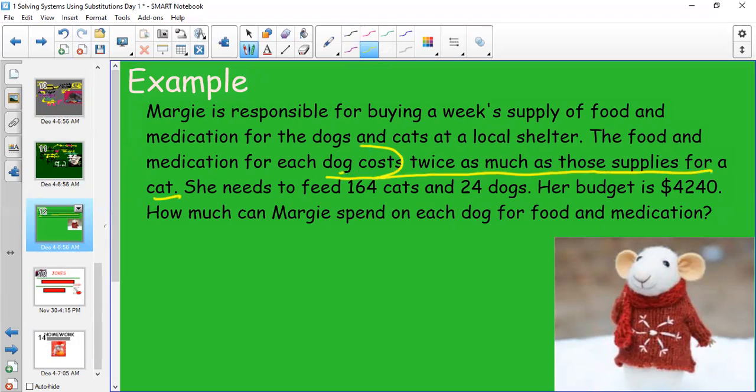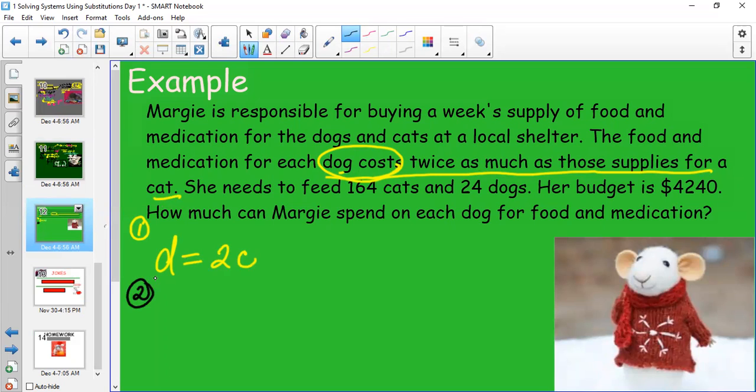So in other words, dogs equals twice as much as it did for a cat. So I have to take the cats and double it, and that would give me the dog. So that would be one equation. Remember, these should generate a system of equations. So we just found one.